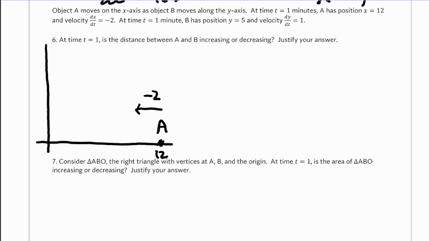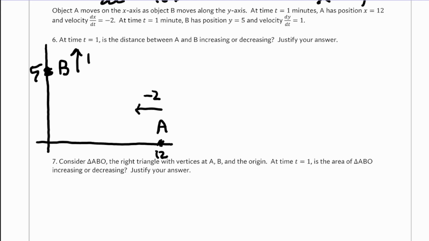And then object B is on the y-axis, and y is equal to 5. And velocity dy/dt is positive 1.